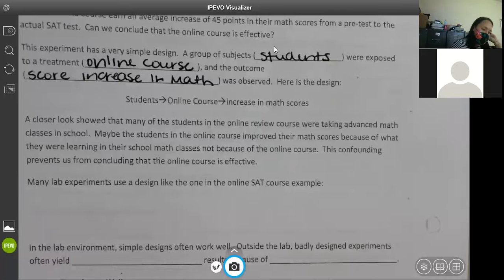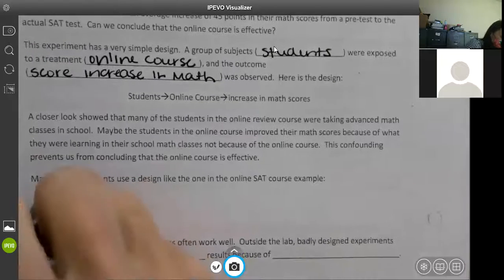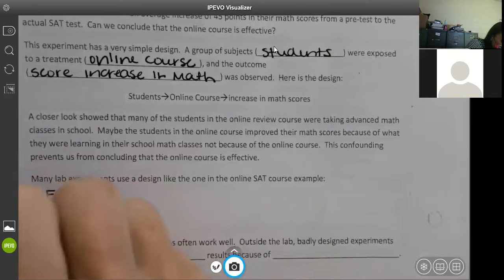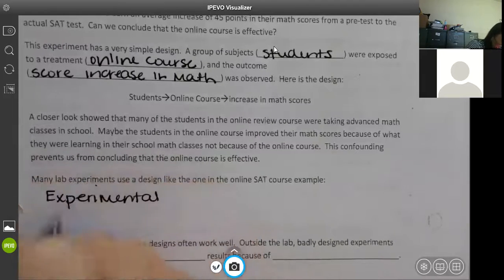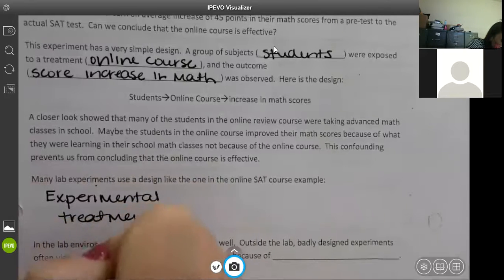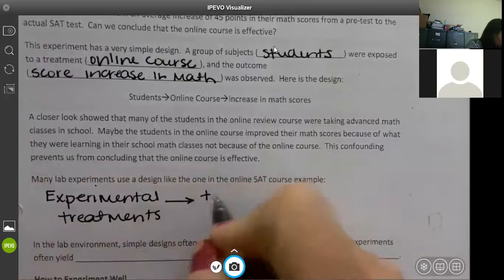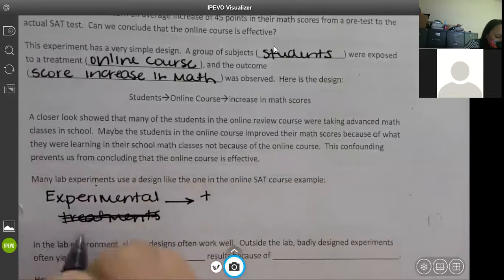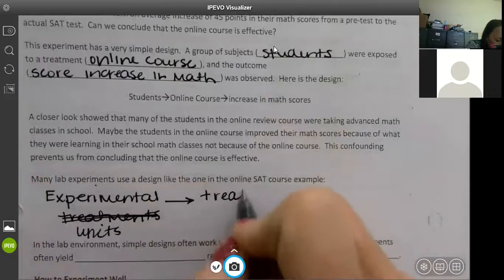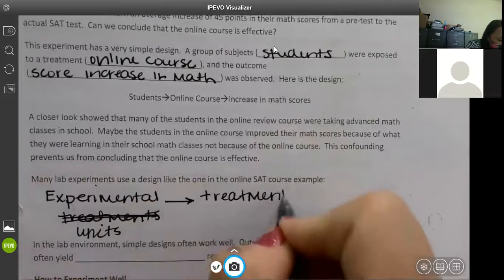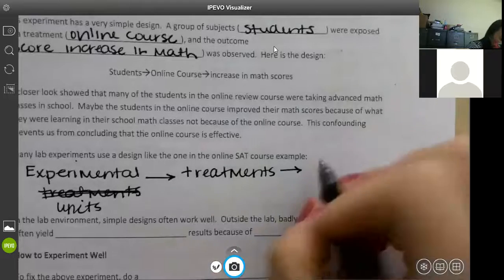Many lab experiments use a design like the one in the online SAT course example. What they use is experimental units assigned to treatments, to measure response.